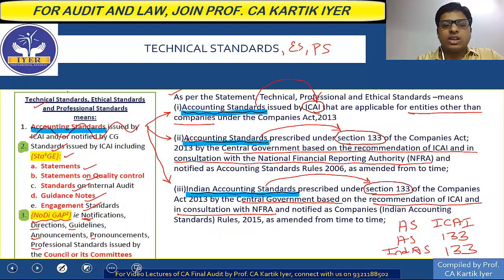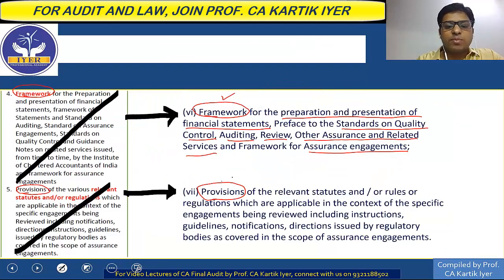That is why we are using the accounting standards in this case. You are using the standards, you are using the naughty gaps here, you are using the framework and the provisions here because they act as a benchmark and we are checking whether the practice unit is working as per that or not. Okay. Next is provisions.